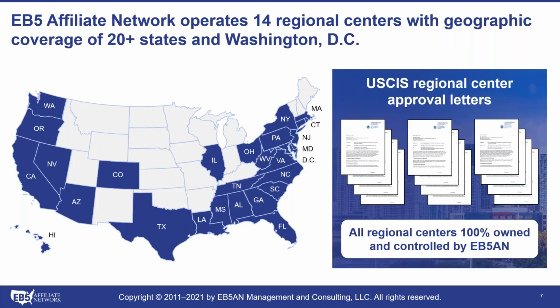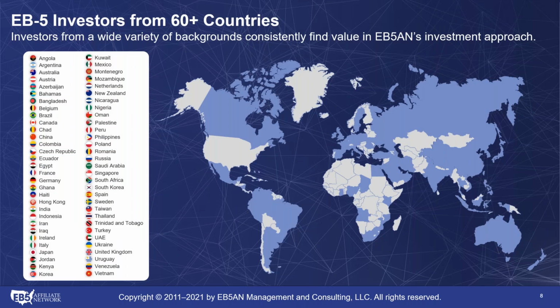This is a quick map showing the coverage of some of our regional centers around the US. And another geographic map showing where some of our investors come from around the world. And most importantly, investors from a wide variety of backgrounds have consistently found value in our approach to EB-5 investment.